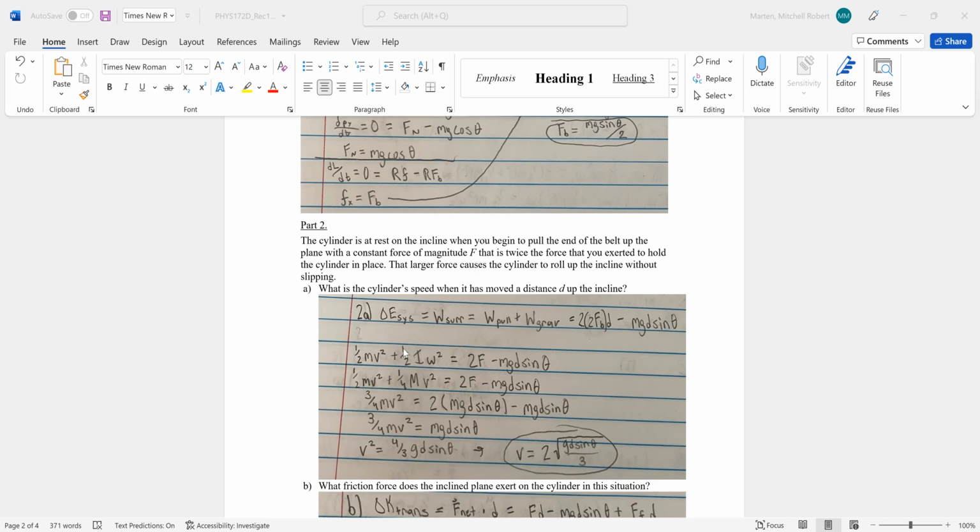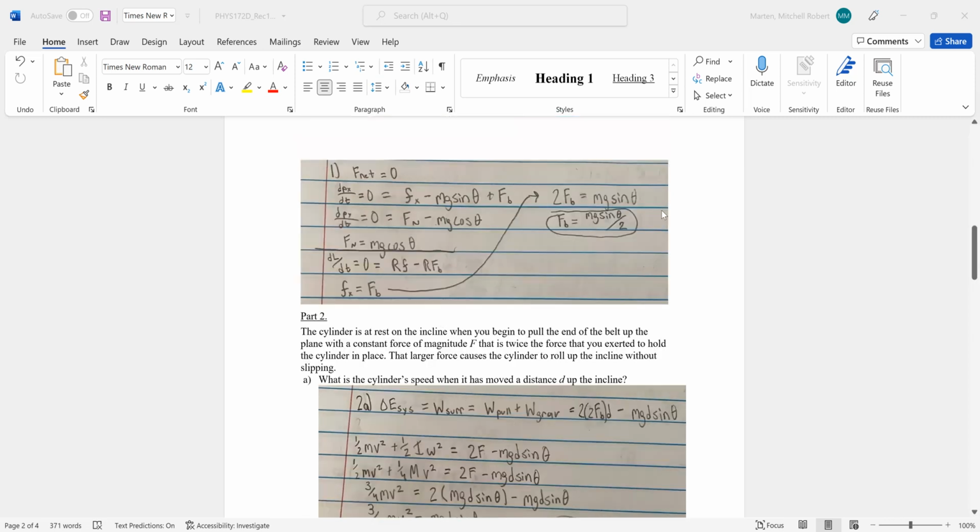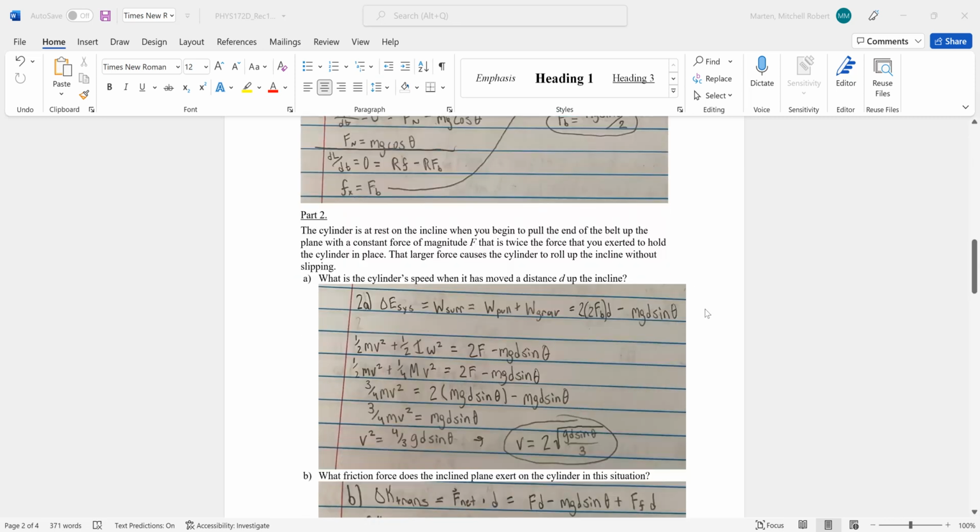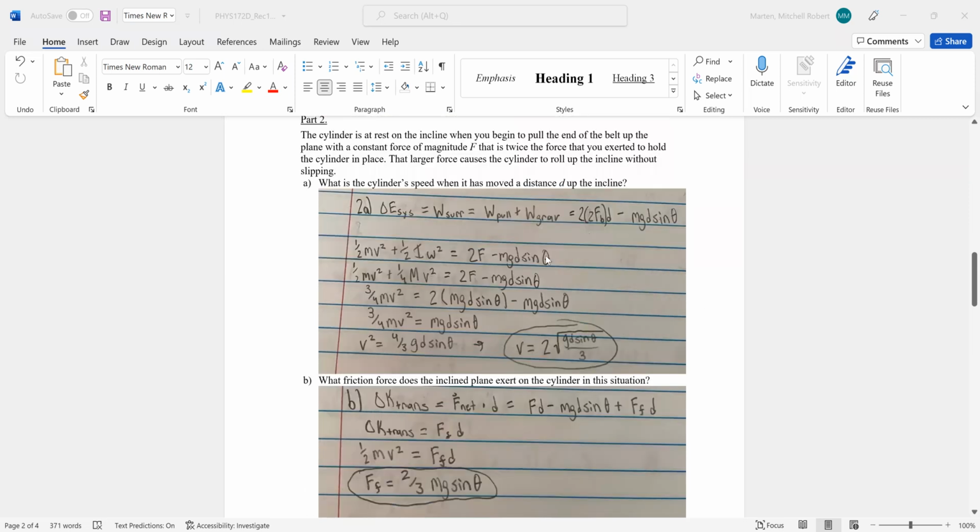And so you can see that the change in energy of the system is equal to the work done by the surroundings, which is the work from the pulling force that we do, plus the work done by gravity. So you have 2 times the force of the belt, because it says it's twice this force, times d, minus mg d sine theta. And so if you just break it down, we know that the change in linear kinetic energy and rotational kinetic energy, so like K translational and K relative, is going to be equal to 2 times F d minus mg d sine theta.